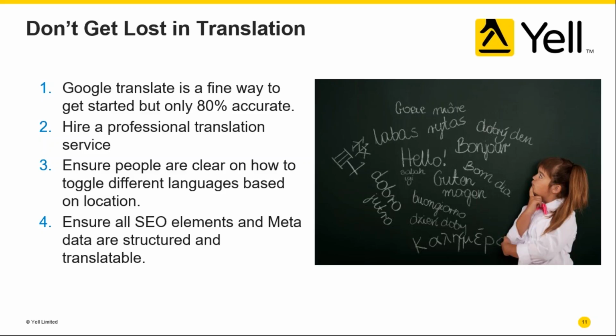So look to cover off with a professional translation service. Ensure people are clear on how to toggle the different languages if they can choose to. In particular in certain industries, that's really important. And then ensure all the SEO elements and metadata are structured and translatable.